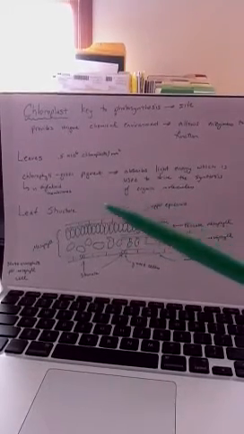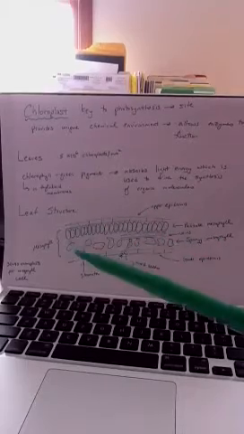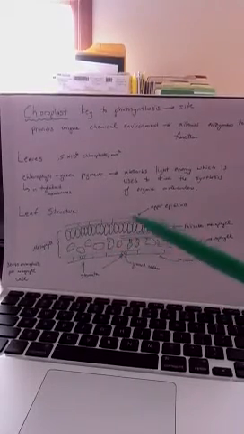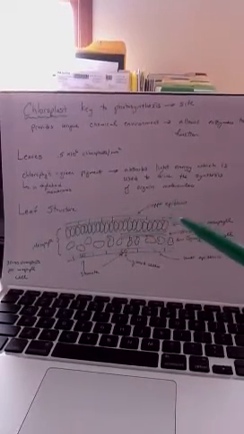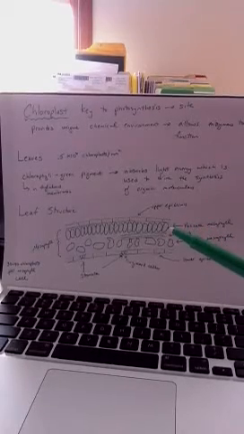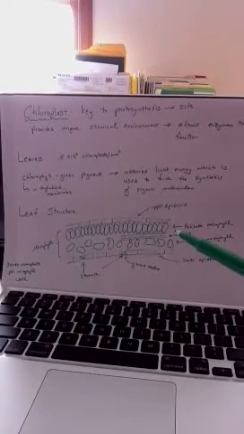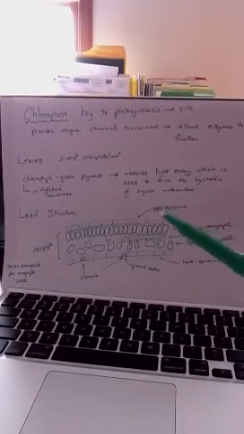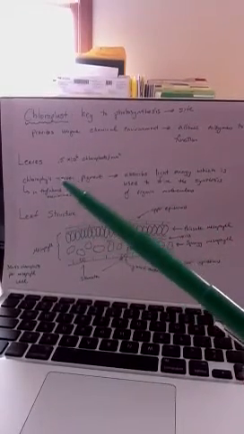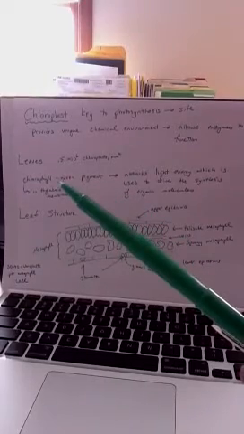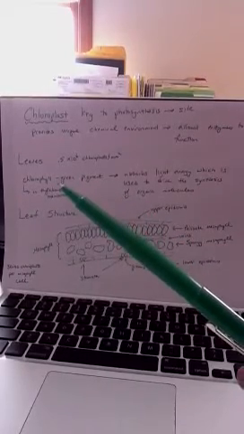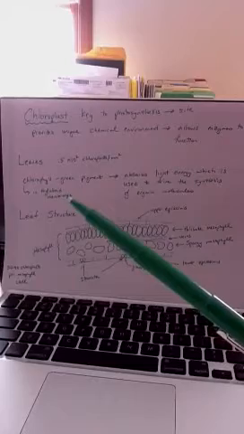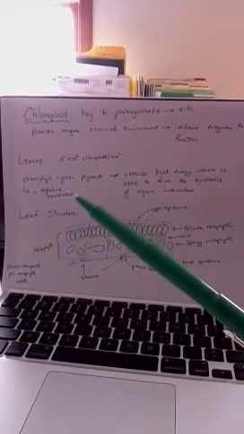So what is it in the chloroplasts, which are in the cells, which are in the leaves, that absorbs the light energy that is used to drive the synthesis of organic molecules? Well, it's this green pigment called chlorophyll. And where is the chlorophyll located? It's located in the thylakoid membranes.